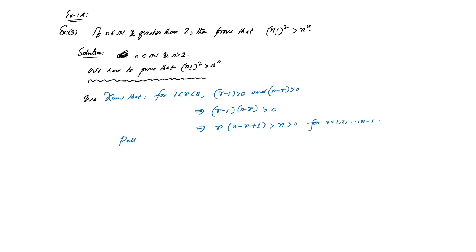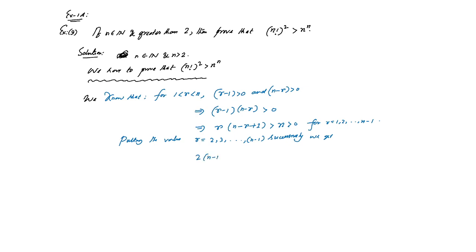Now putting the values r equals 2, 3, up to n minus 1 successively, what do we get?